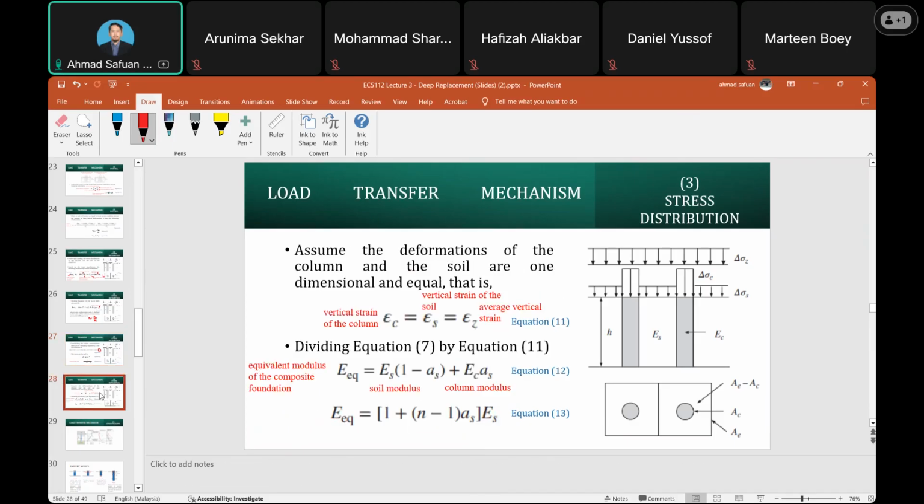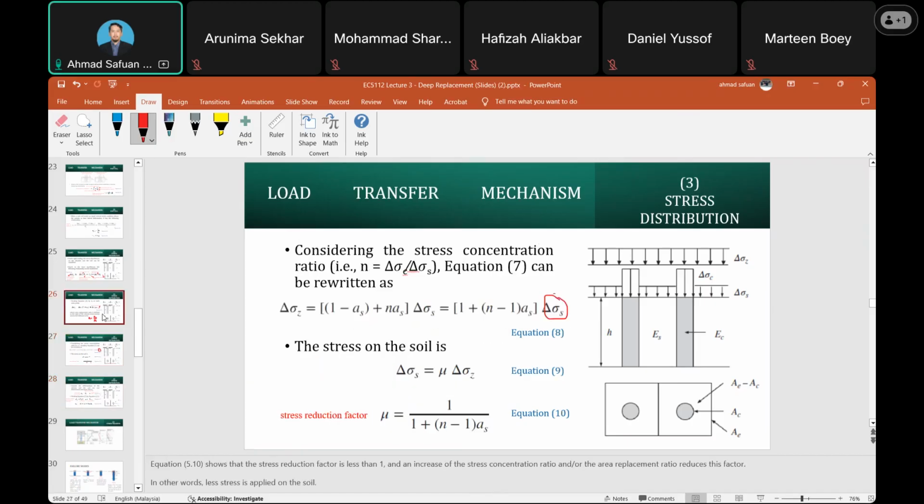So for the deformations, assume the deformation of the column and the soil are one-dimensional and equal. So the vertical strain of the column is equal to the vertical strain of the soil and equal to the average vertical strain. Dividing equation 7 by equation 11, we look at equation 7.